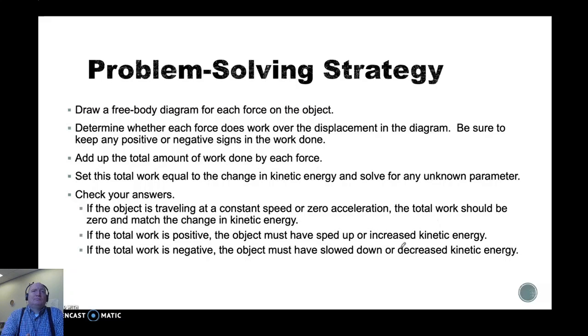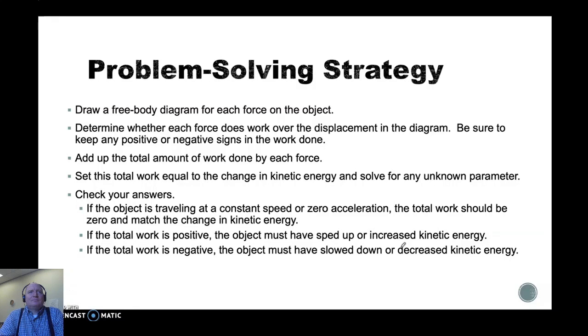All right. So I want to quickly go over a problem-solving strategy, which is in the textbook as well. The first thing you want to do, and this is what I've been saying about a lot of the different force problems that we have, is to first draw a free body diagram for each force on the object. This helps you understand what's going on in the problem and proceed from there. Okay?